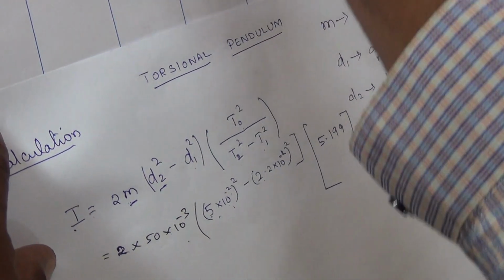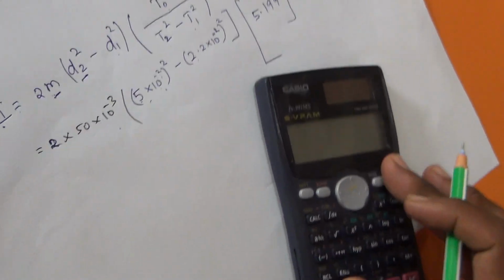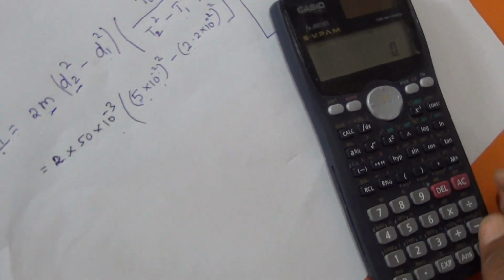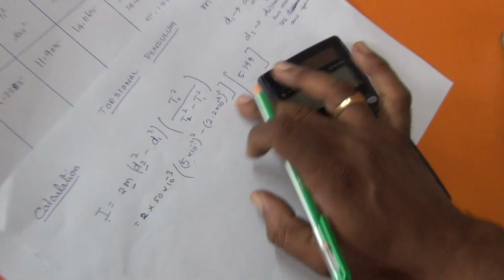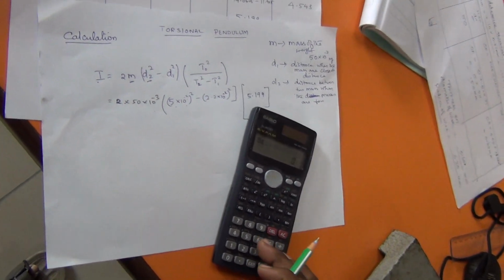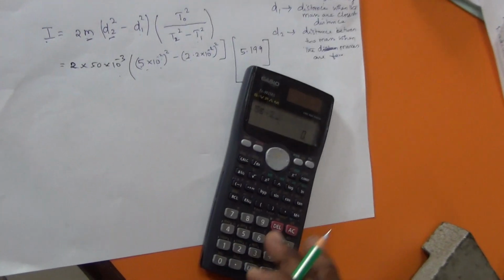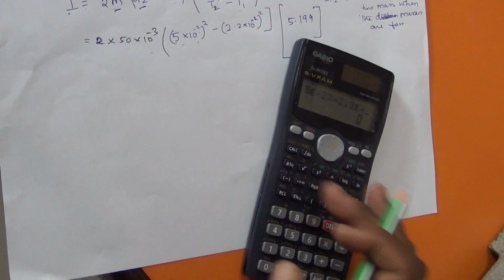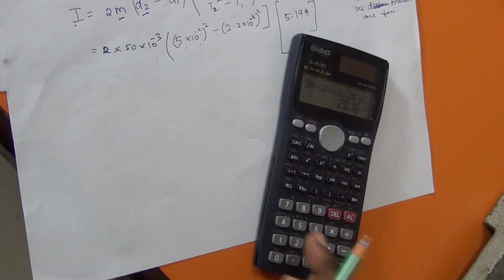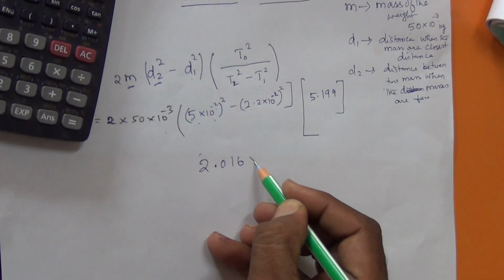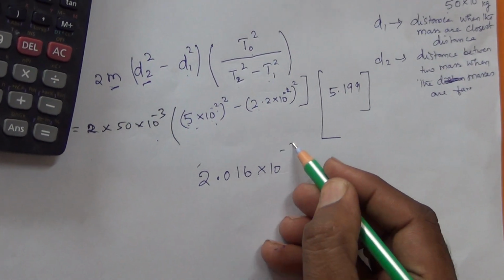So now take the calculator and find out this part. Be careful because we have to do a minus. First you do this part and then you multiply. So (5 exponential minus 2) whole square minus (2.2 exponential minus 2) whole square. This value turns out to be something like 2.016 into 10 power minus 3.